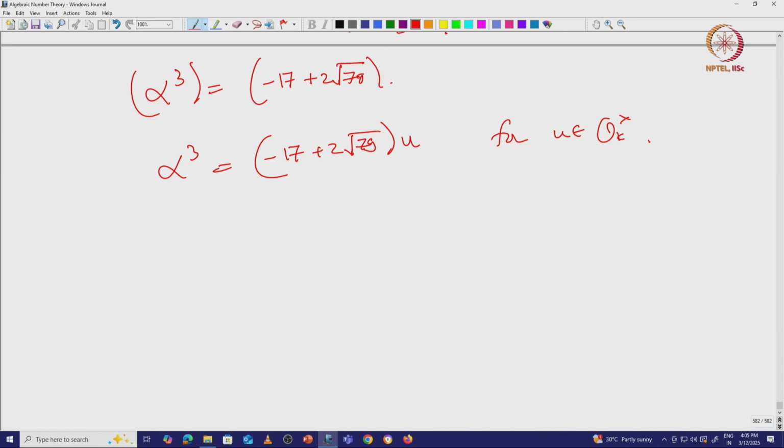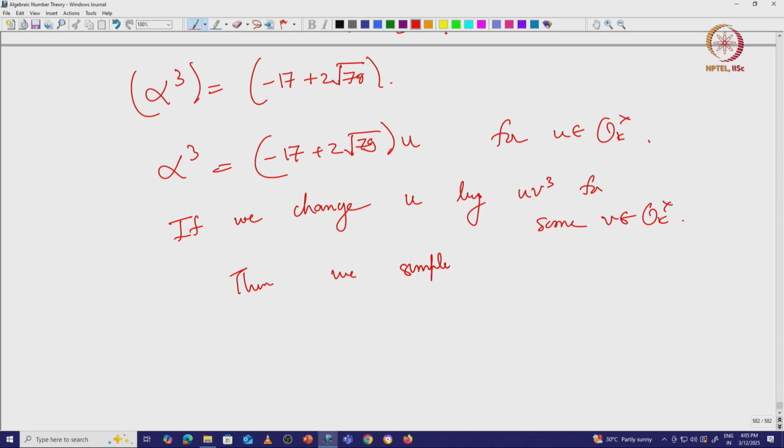Now what happens if I multiply u by something? If we change u to u times v cubed for some v in OK cross, then we simply change alpha to alpha times v inverse or alpha times v.